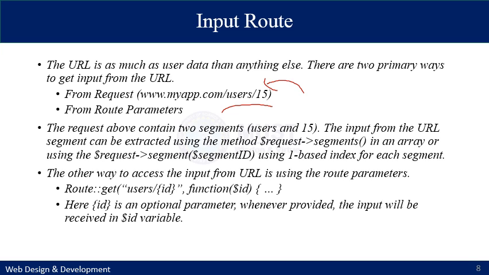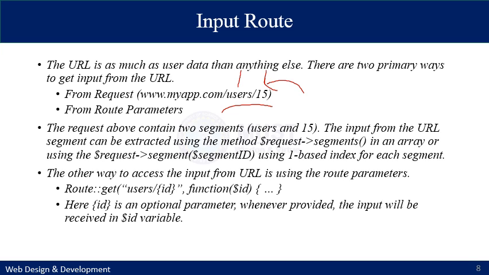The request above contains two segments. For example, if you consider the first case, it has two segments, users and 15. The input from the URL segment can be extracted using the method request segments, which returns an array, or using the request segment and providing the segment ID using the one-based index for each segment. For example, if you want to get the element 15, that will be at location 2.